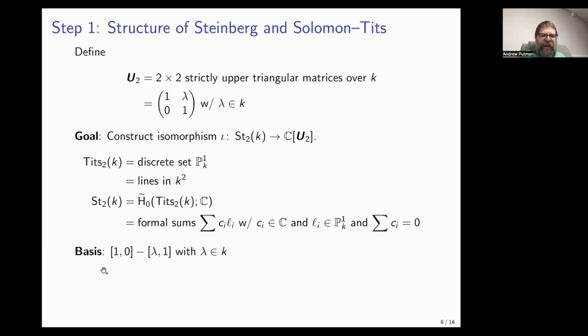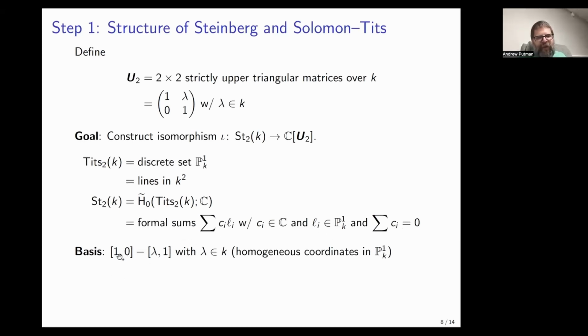I'm using homogeneous coordinates inside P1. Every line in P1 can be written as (a, b), where if we scale them, we get the same line. This just corresponds to the line that goes through the point (a, b).